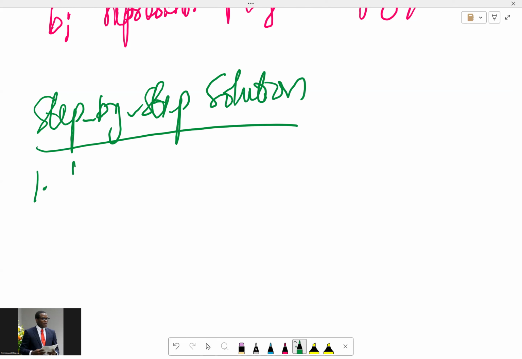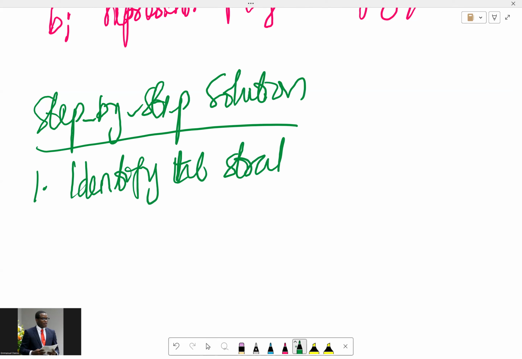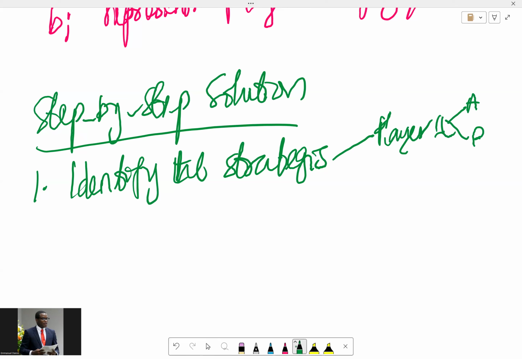Here we see that for player one, you have two strategies, A and B. And for player two, you have two strategies, X and Y. So these are the strategies.